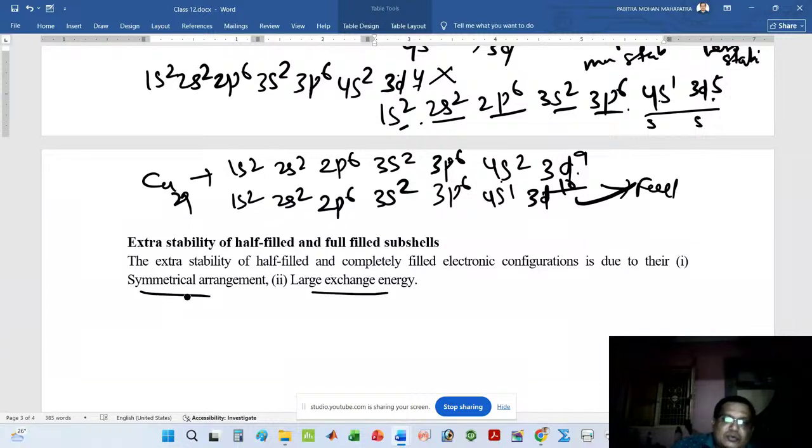Only remember these two terms, symmetry and larger exchange energy. Half-filled and fully filled subshells get extra stability compared to other subshells or orbitals. So the extra stability of half-filled and completely filled electron configurations is due to, number one, symmetrical arrangement, and number two, large exchange energy.